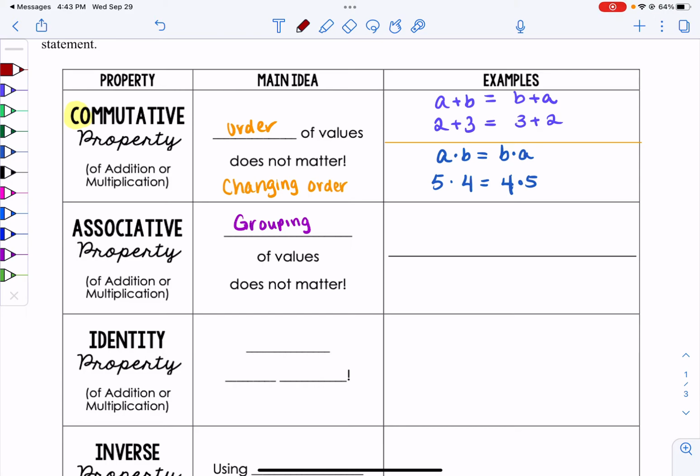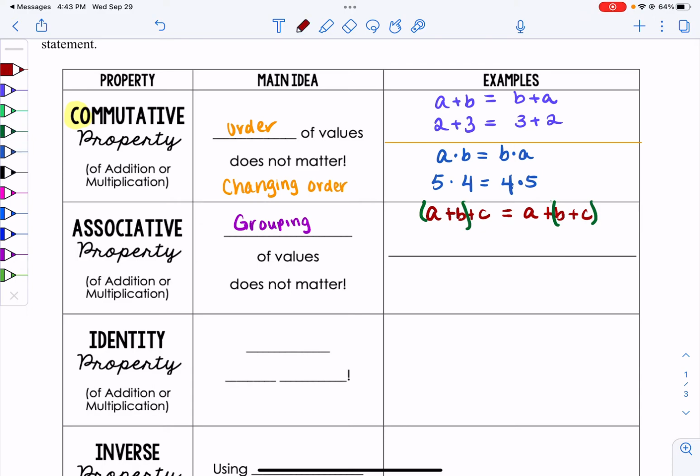So I'm going to use A, B, and C. A plus B plus C is the same as A plus B plus C, but there's going to be a slight difference. In the first one, I'm going to put parentheses around my A and my B. But in my second example, I'm going to put parentheses around B and C. So I'm simply lifting up my parentheses and moving them over.